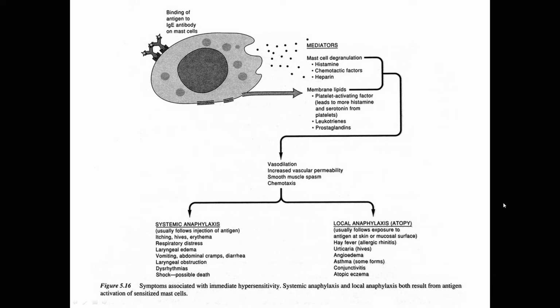The anaphylactic reaction presents under two forms. Local anaphylaxis, atopic allergies, the local response, type 1, to inhaled or ingested allergens: urticaria, angioedema, rhinitis, asthma. The other type of response is systemic anaphylaxis, which typically follows parenteral or oral administration of allergens.